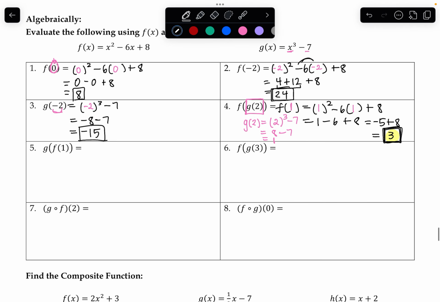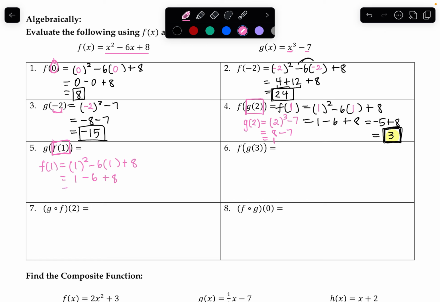Okay, this next one, we need to figure out what f of 1 is first. I think we just did that. f of 1 is the same as 3, but let's go ahead and just do it from the beginning. So f of 1, get the rule for f, which is x squared minus 6x plus 8. Fill in the 1. 1 squared is 1. 6 times 1 is 6.